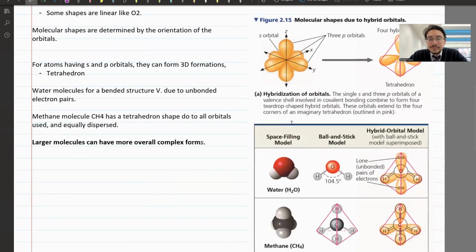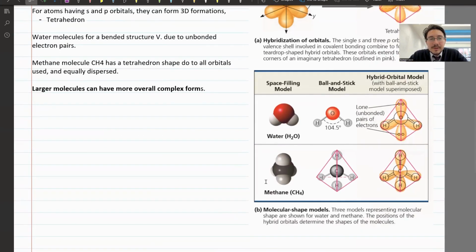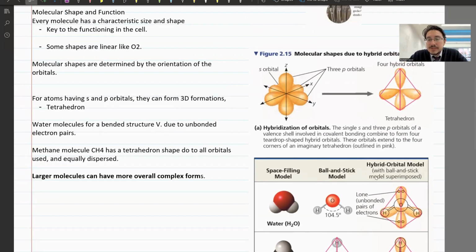Methane, for example, CH4: you have one carbon creating single bonds to four different hydrogens. So it's creating this tetrahedral shape, this little pyramid shape, just as you can see here.